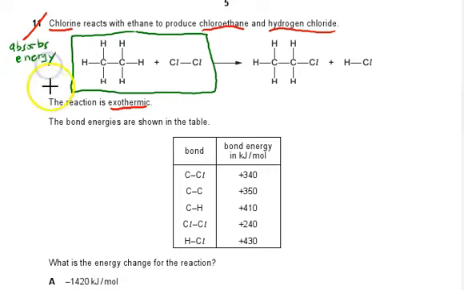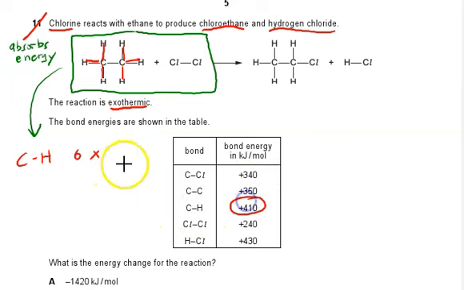So let us calculate the total energy absorbed. If you look at the C-H bonds, 1, 2, 3, 4, 5, 6. So here we have 6 times their energy, C-H, which is about 410. Let me erase and we will count the rest.